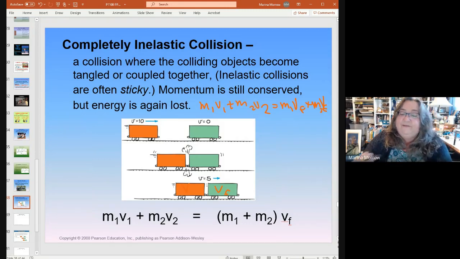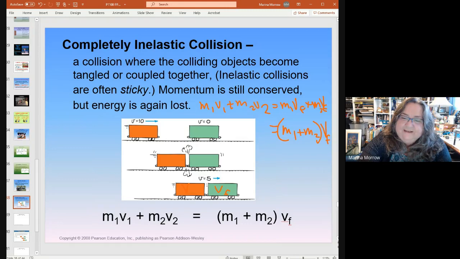They're both moving at 5 meters per second because they're hooked together. So because of that, we just can pull the masses out and multiply by the common velocity, which is V final, the same for both of them. We don't have individual velocities anymore. So anyway, we just have one final velocity.